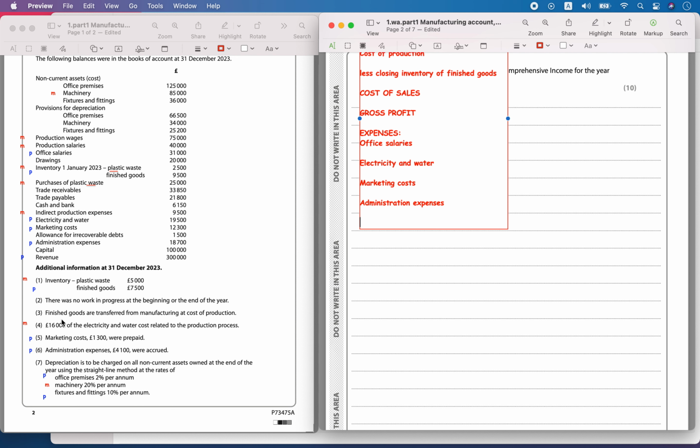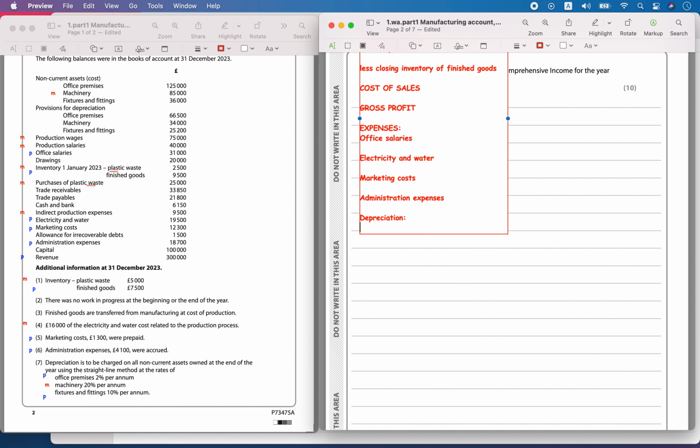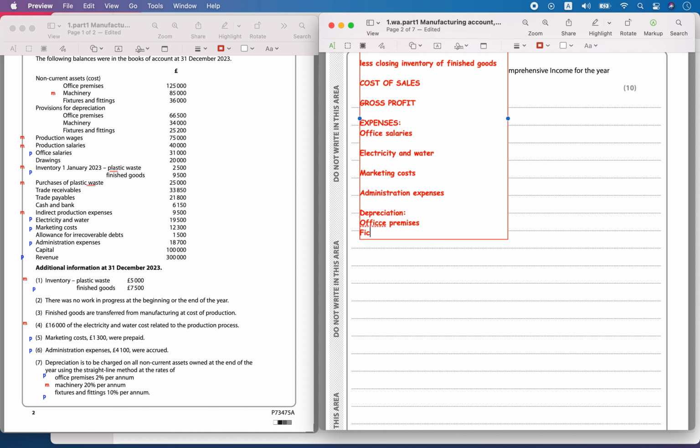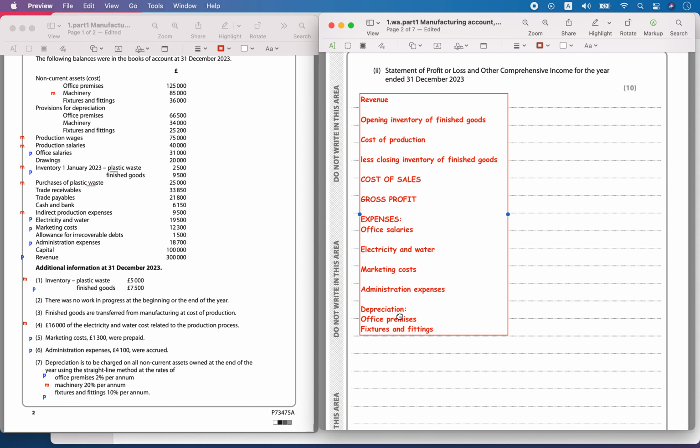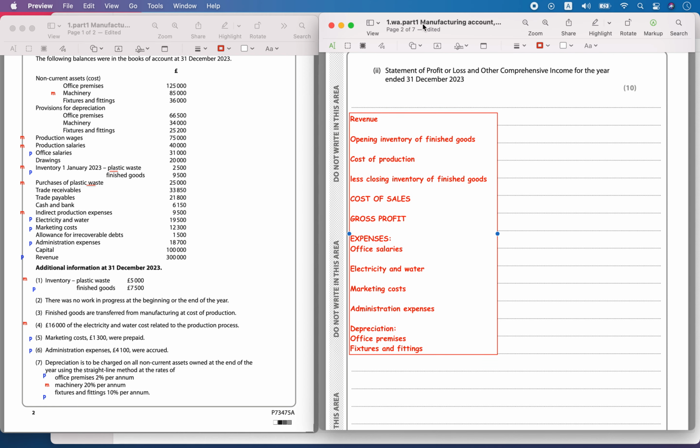And then you have depreciation. You have two things, one is office premises and then you have fixtures. So you have these. Now let's add the numbers.